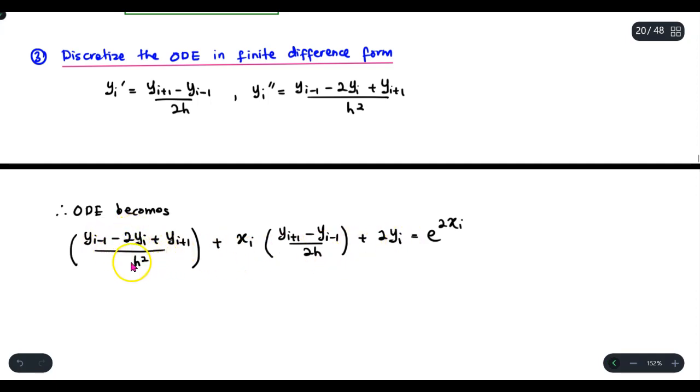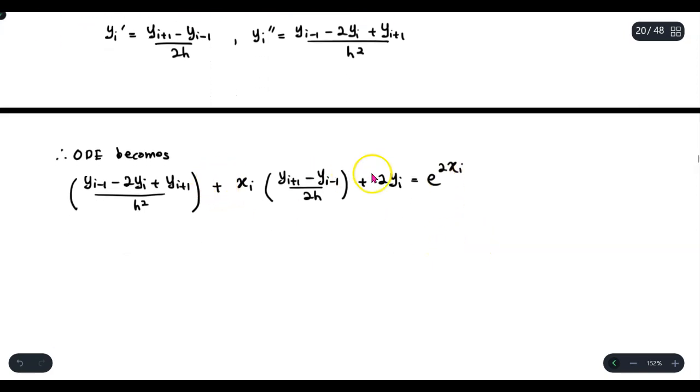So basically this is your y double prime plus x. You just replace x with x sub i, because we have discretized our x values from a to b into subintervals. So we use the notation x sub i here, and this is your y prime, and this is plus 2y, which you replace with y sub i, equals, on the right-hand side, e to the power of 2 x sub i.